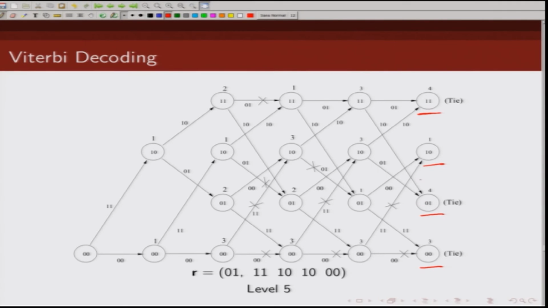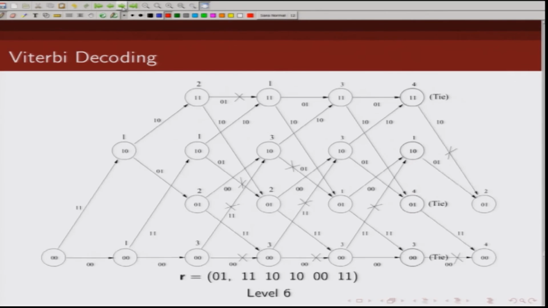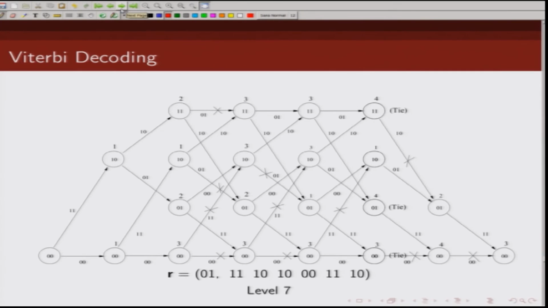And when you have multiple branches converging at a particular state, you need to pick the branch which will give you the best path metric. That will be your surviving path and you need to keep track of the metric value as well. So, we continue this step until we come to the end.